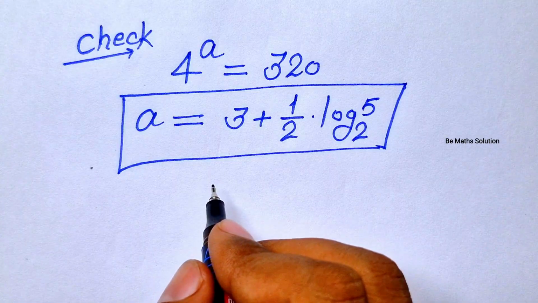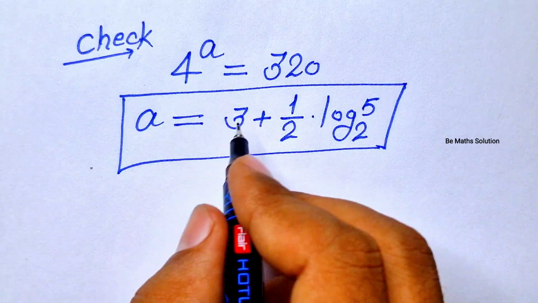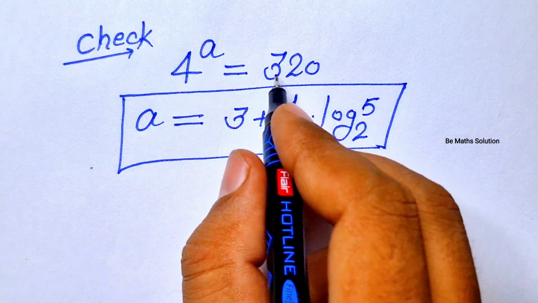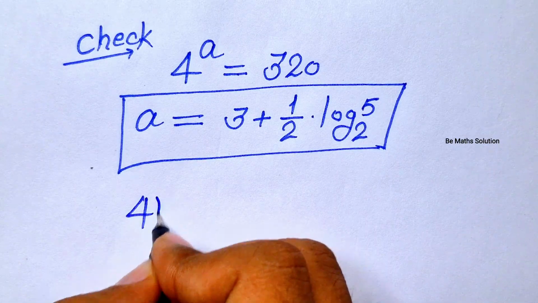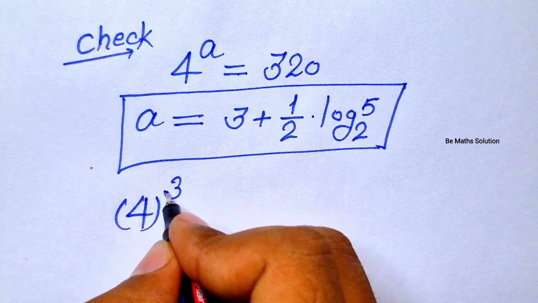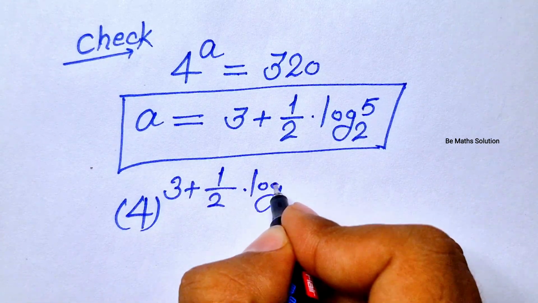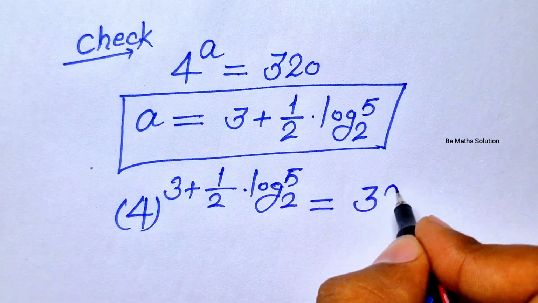Then in the next step, let's check whether this answer is correct. How to check: from our problem, 4 to the power a is equal to 320. Here it will be 4 to the power of a. Substitute our answer, so it will be 4 to the power of 3 plus 1 over 2 times log of 5 base 2 is equal to 320.